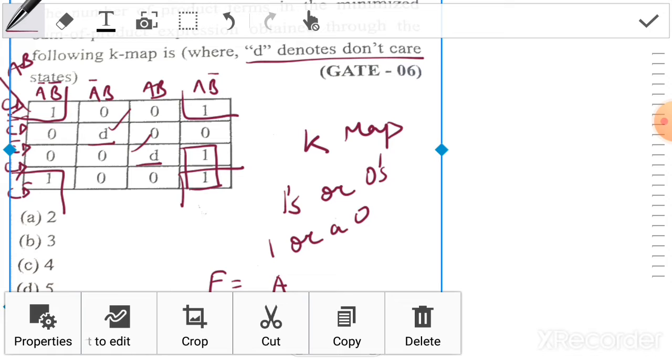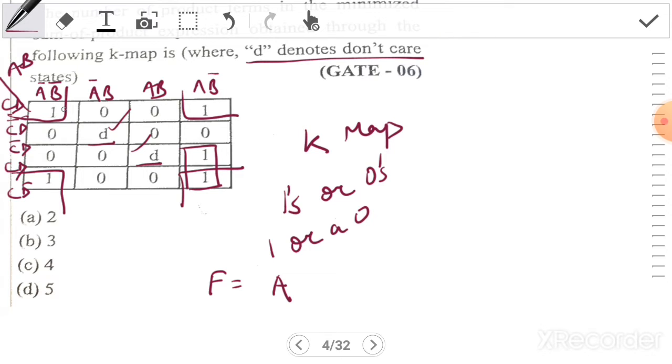For this group, for the largest group of 4, we have common B complement and D complement.